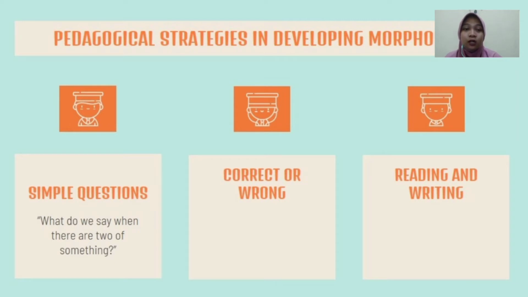And then visual as well as auditory representation need to be presented to the children in order to make it easier for them to acquire morphology. The next strategy is correct or wrong, and this can also be used in the preschool area.